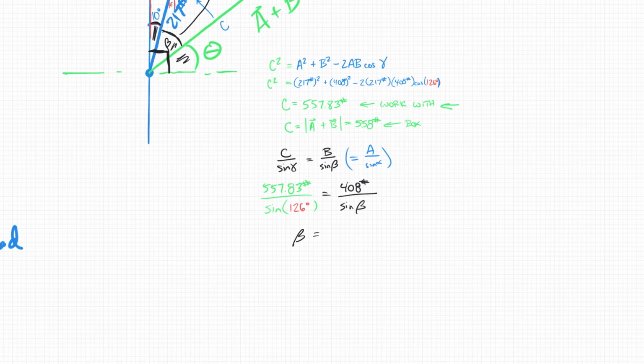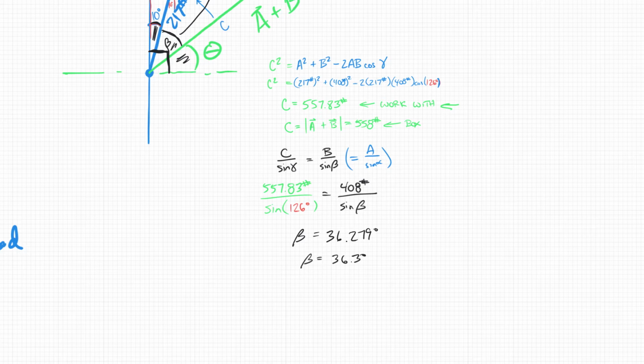So beta equals 30... No, come on, you can do it. 36.297279 degrees. That's the one we're going to work with, but we are going to report 36.3 degrees.